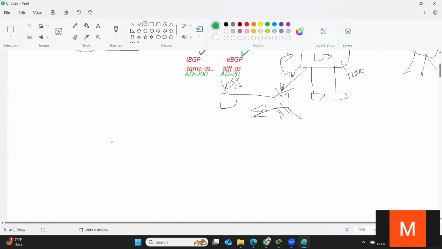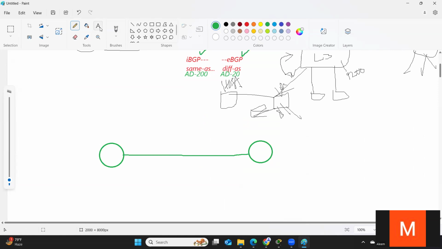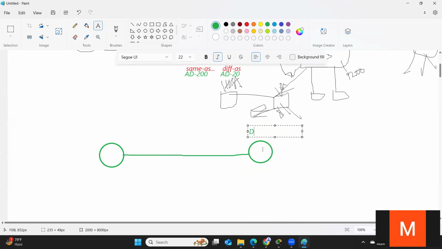Whenever we use the BGP protocol, it will not form the neighborship between two routers dynamically. BGP is not a dynamic routing protocol, guys. Listen properly. It is static; we form the neighborship statically.